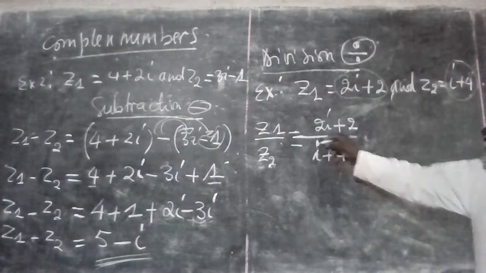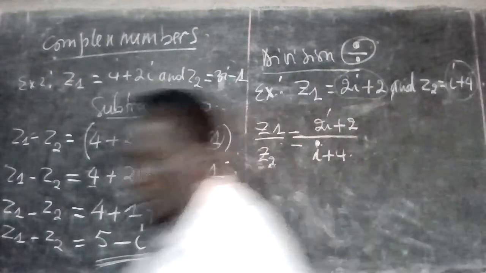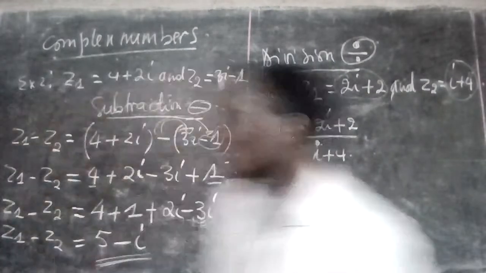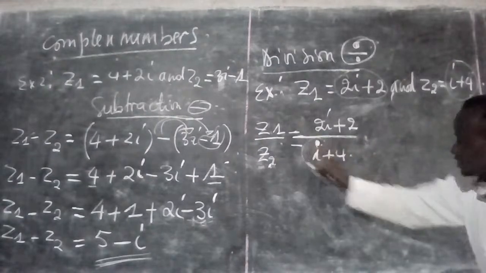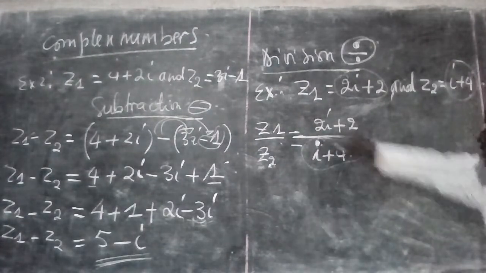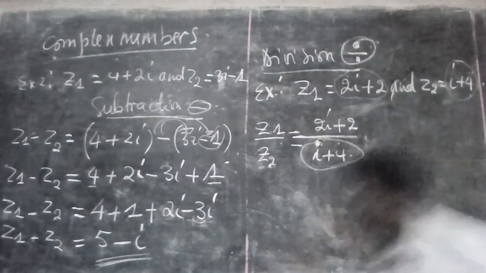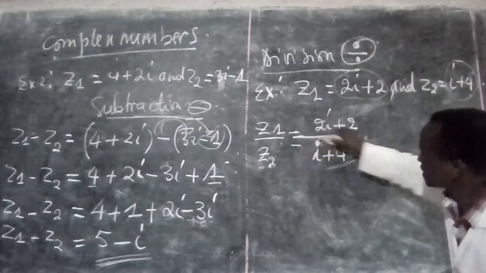What should we do here? If you are dividing two complex numbers, you will make this denominator a reciprocal. How should we do a reciprocal, or conjugate? How should we conjugate this number?